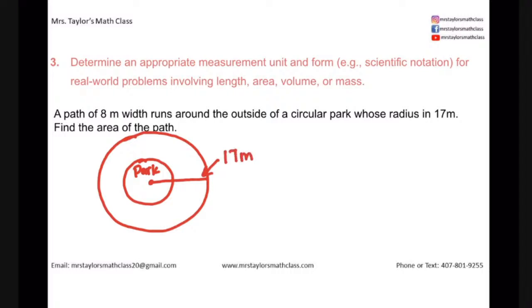They also said that the path is 8 meters in width. So that means that from here to here going across is 8 meters. So now what you have to do is find the area of the park and then the area of the entire picture. And when you find those two areas, you would need to subtract them in order to find the area of the path. So our goal is to find the area of the green shaded area.